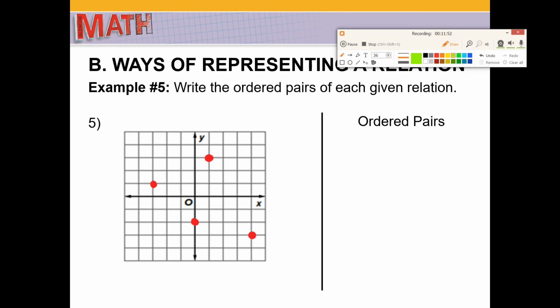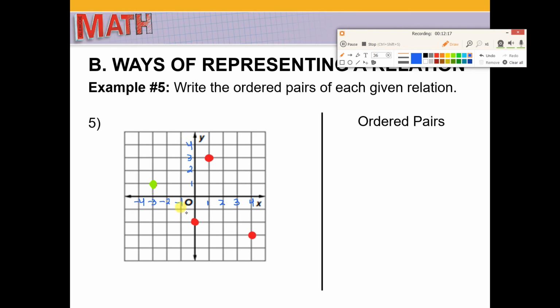Alright, let's label the numbers first. That would be 1, 2, 3, 4. Then -1, -2, -3, -4. Here is +1, 2, 3, 4.